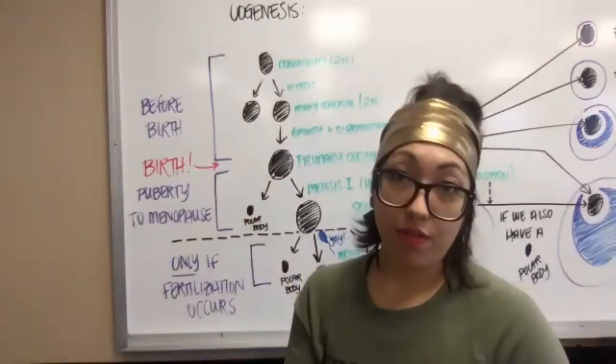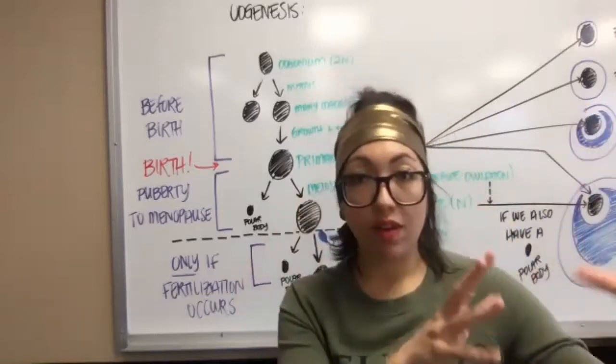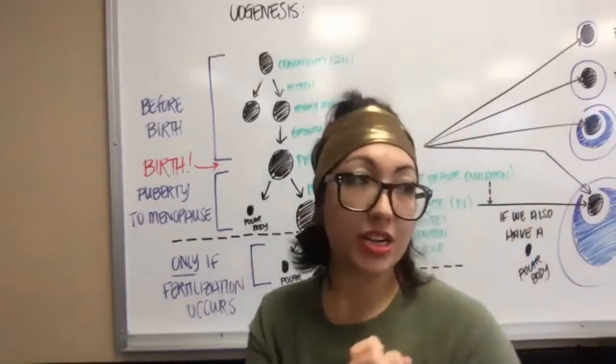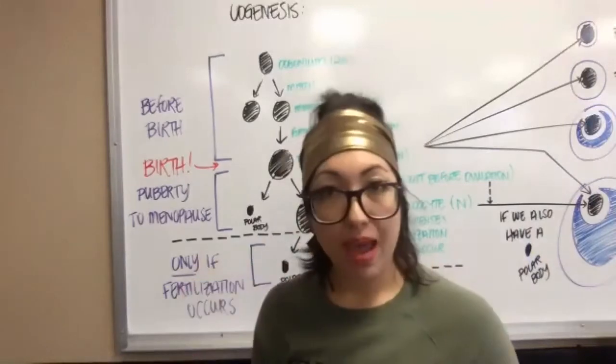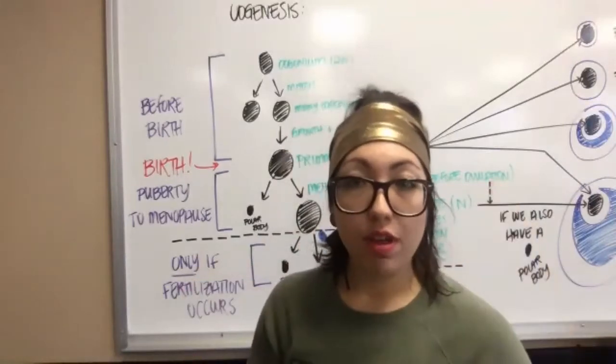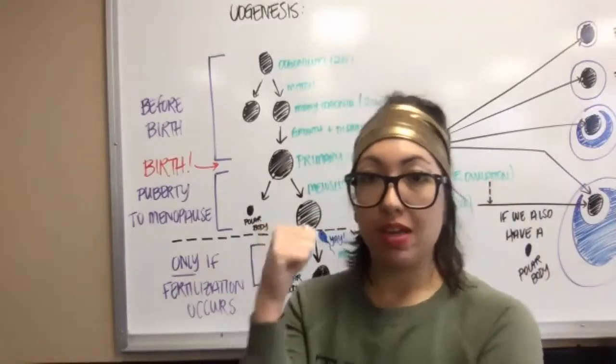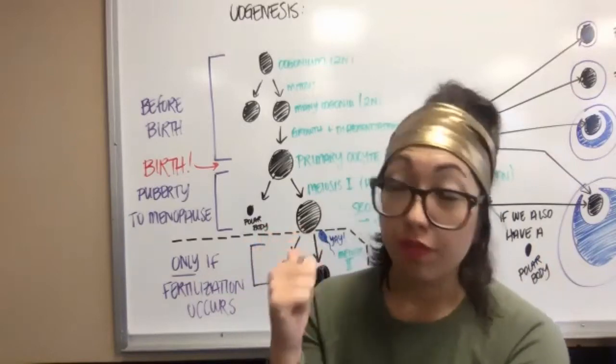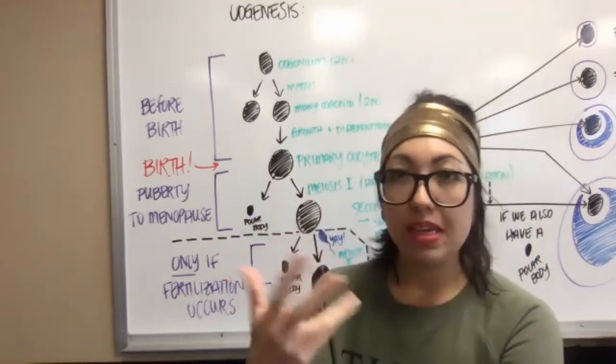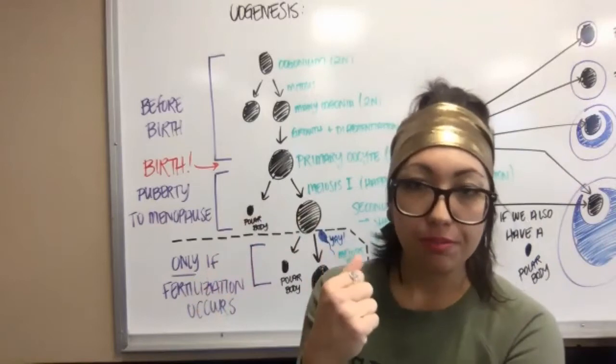It's helpful to talk about spermatogenesis first to get the pattern and the basics of mitosis and meiosis, because then when we get to this, which is definitely more complicated, it's a bit easier to comprehend.